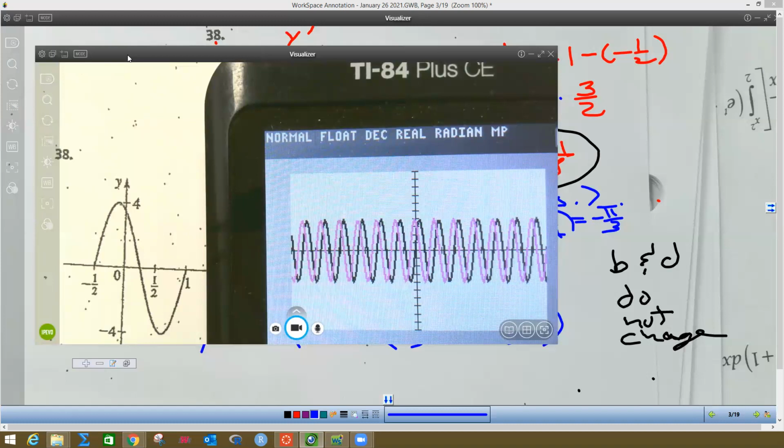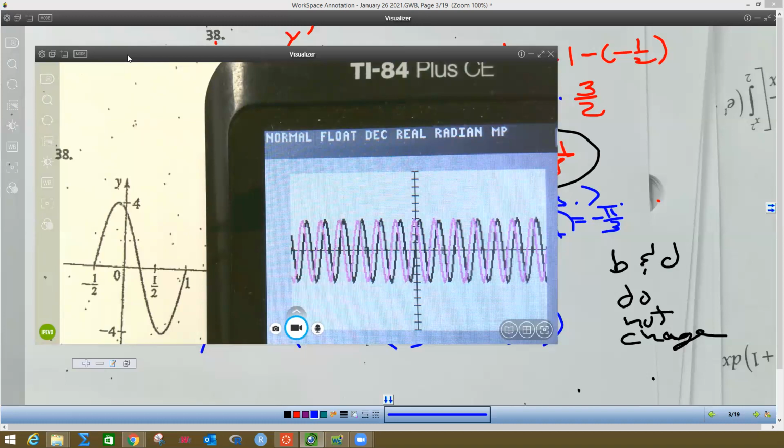Now, I also like comparing it to the graph they give me. Why does that look so different than the graph they give me? Can anybody tell me? Well, see, this graph goes from negative 10 to 10 and negative 10 to 10, right? Look at my window on the graph over there.